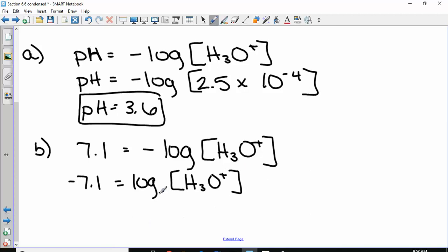Okay, so then we could change this to exponential form. What's the base of this log? 10. So it'll be 10 to the negative 7.1 equals H3O+.